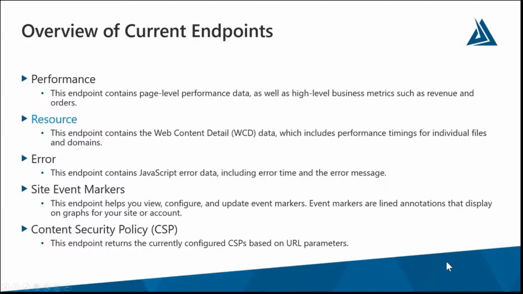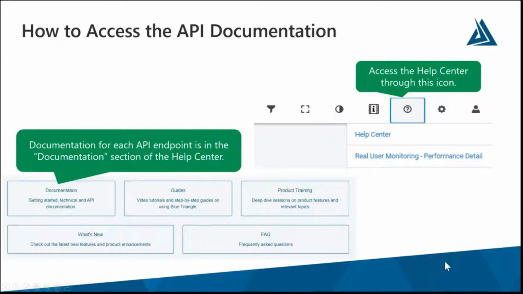So how do you get to the documentation? It's in our Help Center, and you'll see there's a huge section for documentation, and there's actually a subsection for API documentation. To get to the Help Center, if you're in Blue Triangle, in the top right there is a question mark icon.